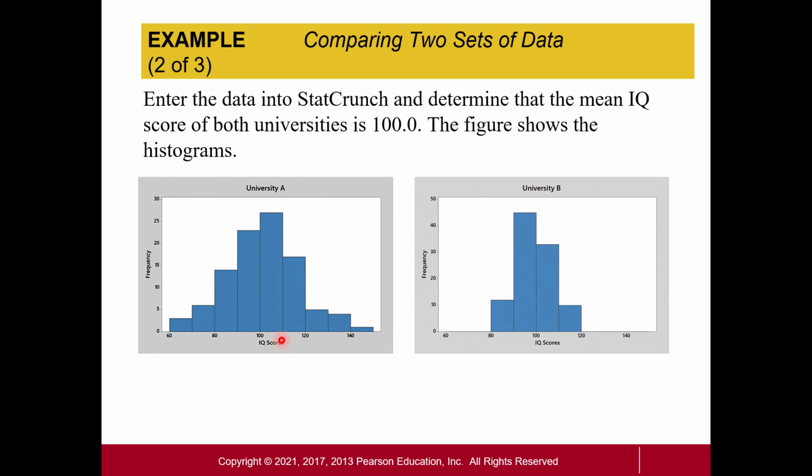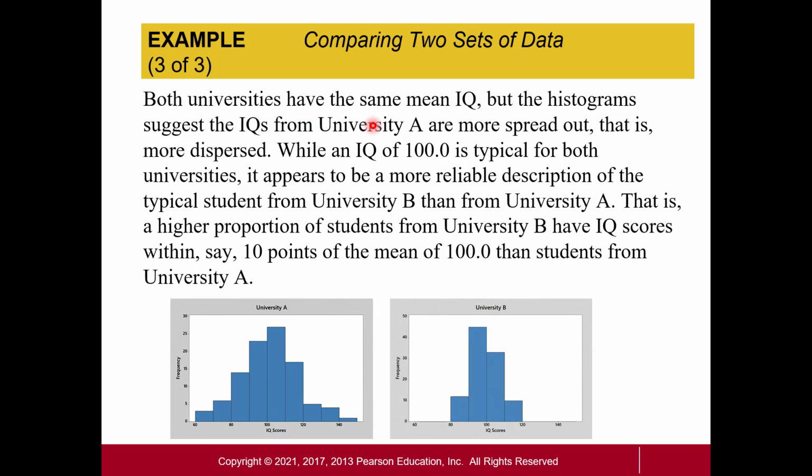But as you can see from the histograms for each university, the data is spread out very differently. Even though both universities have the same mean IQ, the histogram suggests that the IQs from University A are more spread out, or more dispersed.